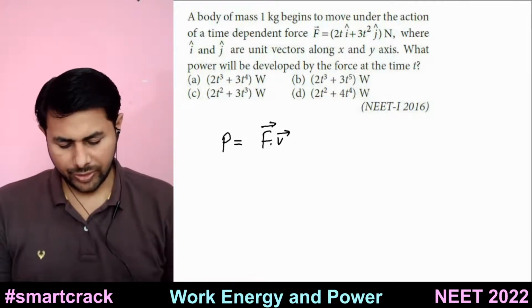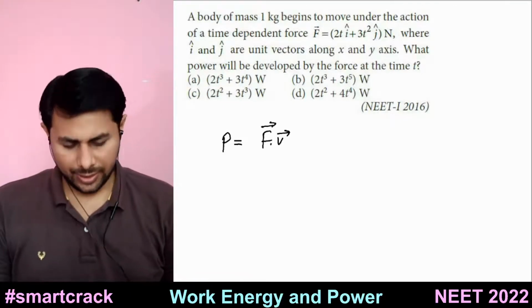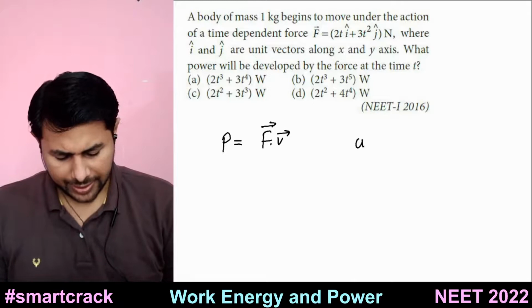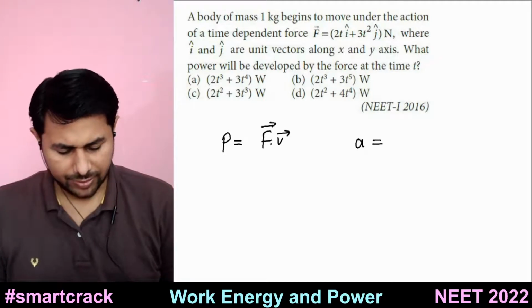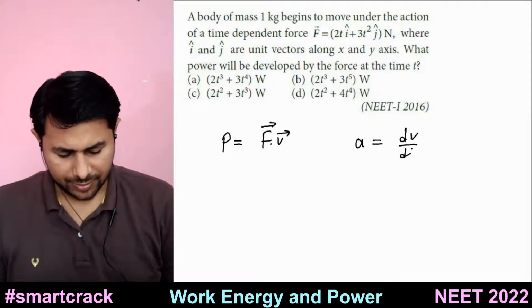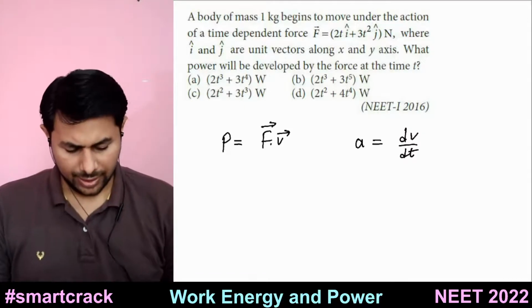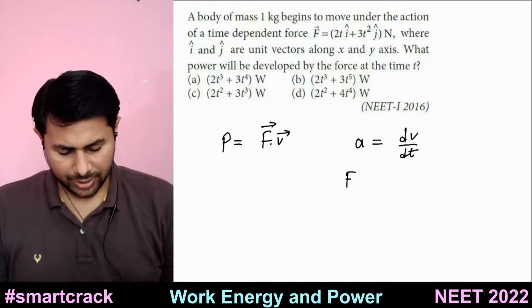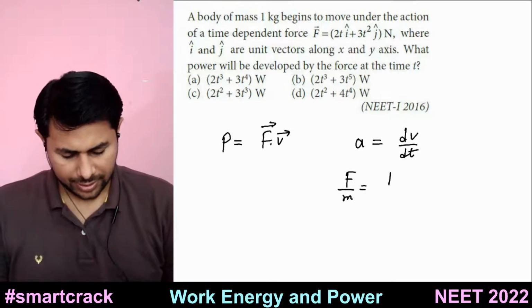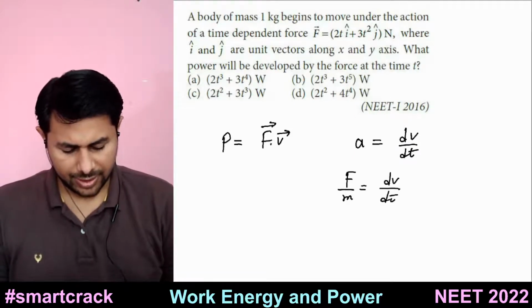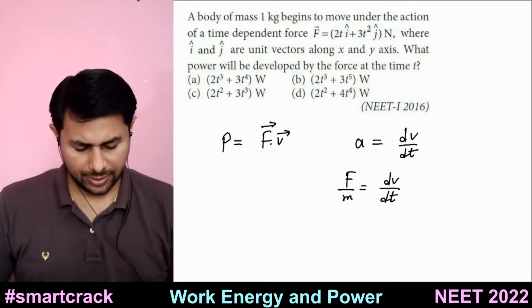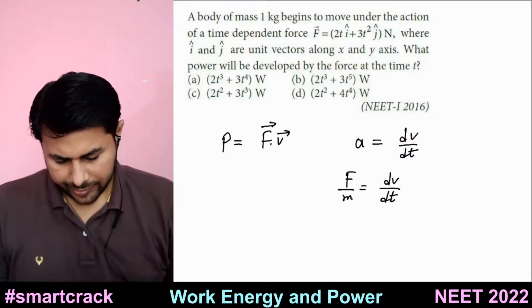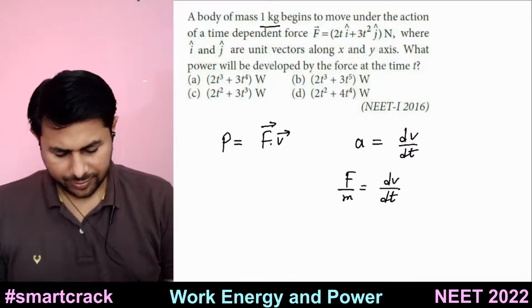So here we are given the force and we have to find out the velocity. So how do we find velocity? We can write acceleration is equal to dv by dt. And we are given the force. So what is acceleration? It is force upon mass. This can be written as dv by dt, right? So force is given, mass is 1 kg.